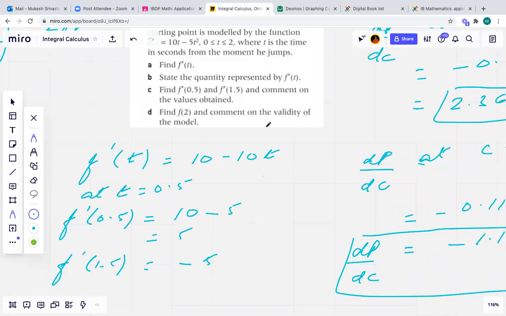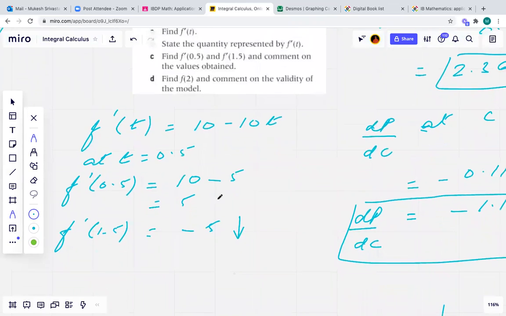Minus 5. Now what does this mean? Here the rate at which he is falling is decreasing, his speed is decreasing. Here his speed is increasing.